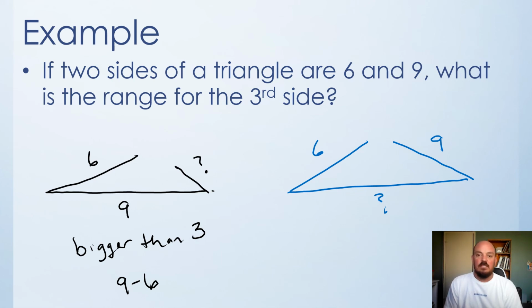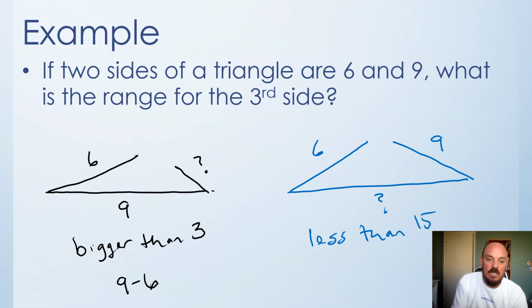So what I'm thinking is the biggest that can be is 15, because 9 plus 6 equals 15. In fact, it can't be 15. If it equaled 15, you have that same situation where the 9 and the 6 are laying right on it, it doesn't make a triangle. So that question mark, in order for this to work, needs to be less than 15. And I got that just by doing 9 plus 6.